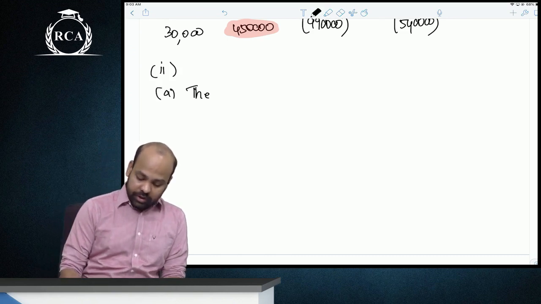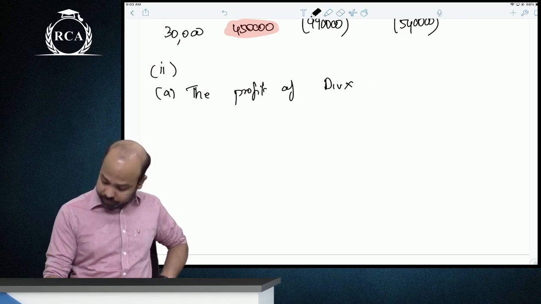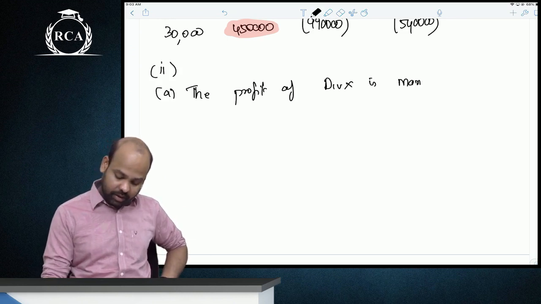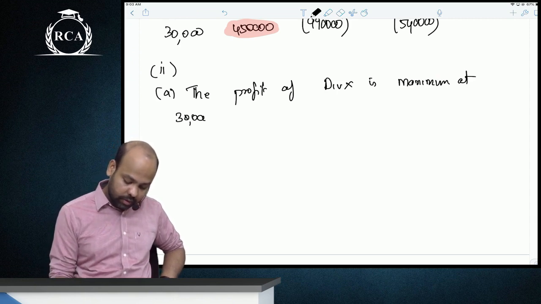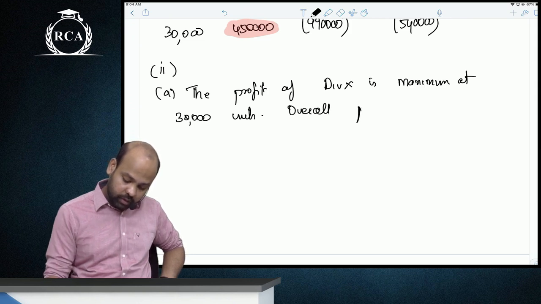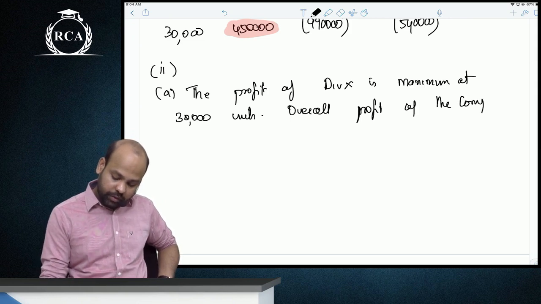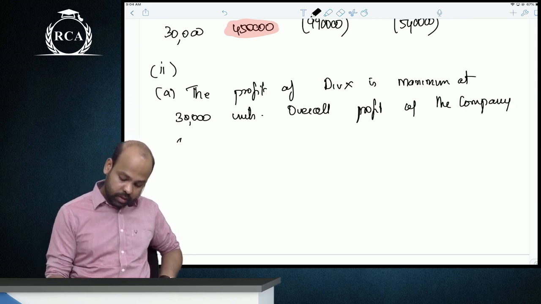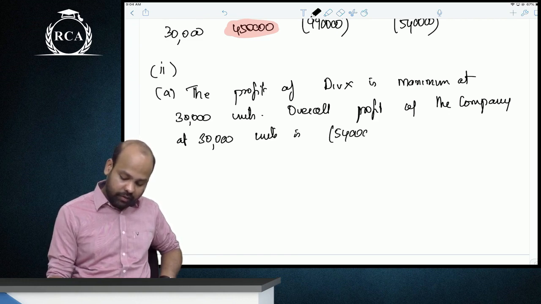The profit of division X, I've already explained, beta, write down. The profit of division X is maximum at 30,000 units. The overall profits of the company at 30,000 units is negative 5,40,000.